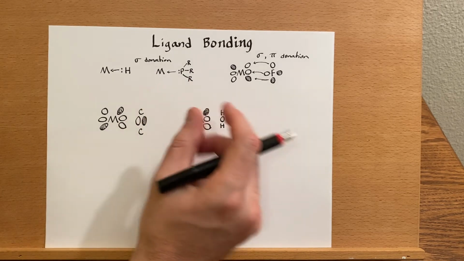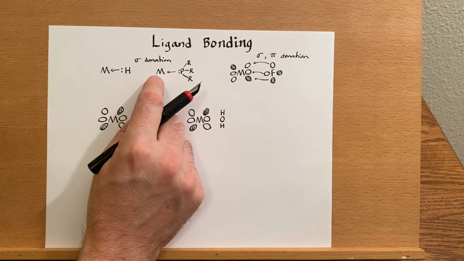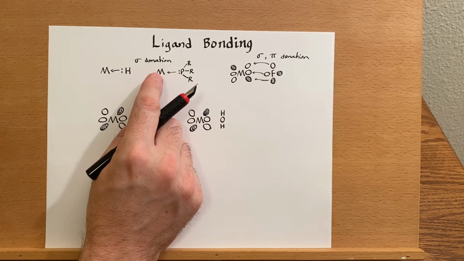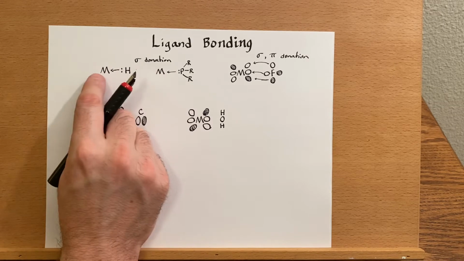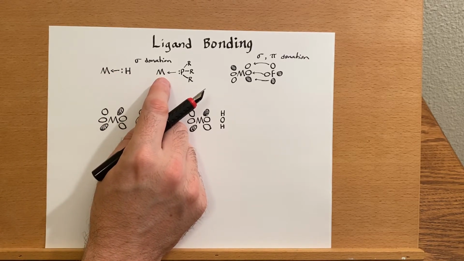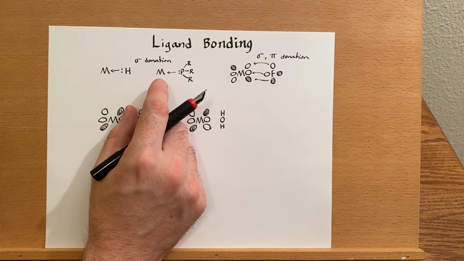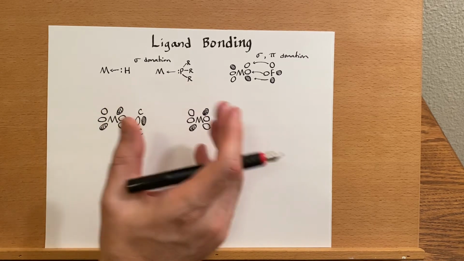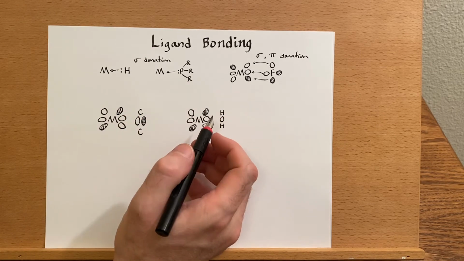So just to talk a little bit about what's going to happen to the metal orbitals, the EG orbitals on each of these will increase, whereas the T2G orbitals will be less affected by that because there's not a direct interaction with those particular orbitals.